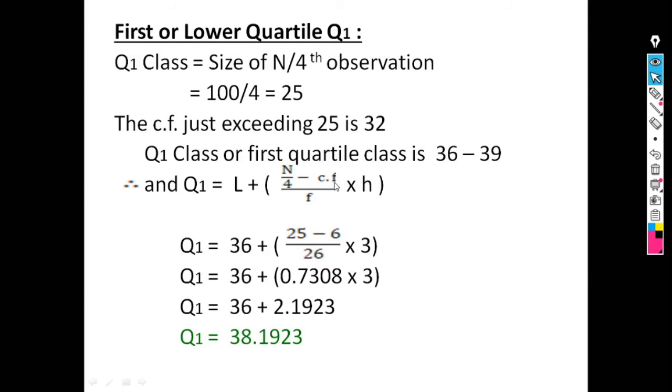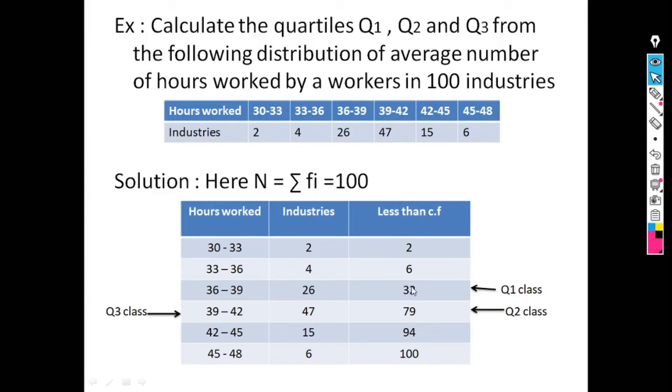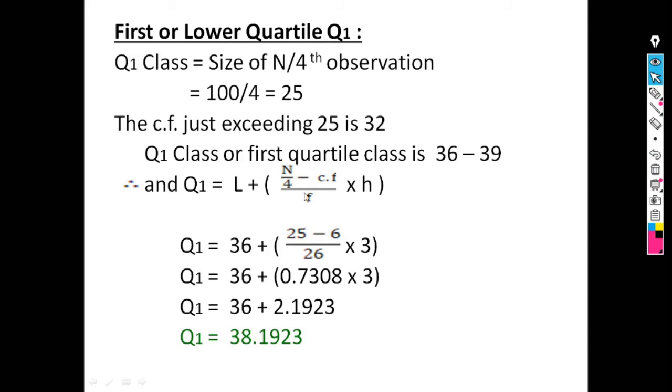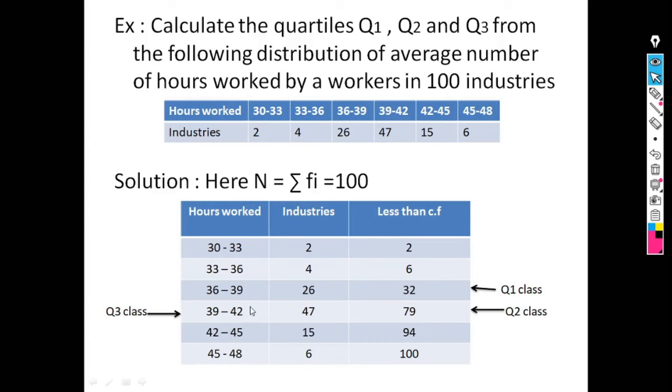Cf means cumulative frequency just preceding the quartile class, that is 6. So the value of Cf is 6. Upon f means the frequency of that class, just the normal frequency. These are the cumulative frequencies and these are the normal frequencies. So the normal frequency of this Q1 class is 26.